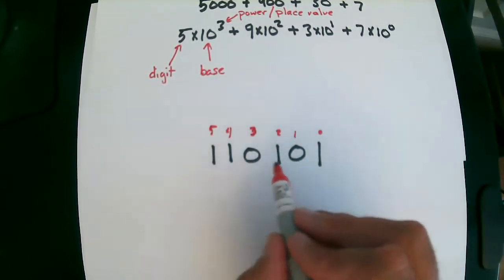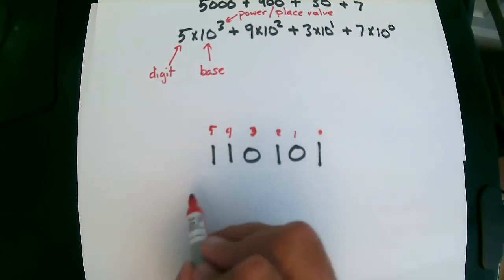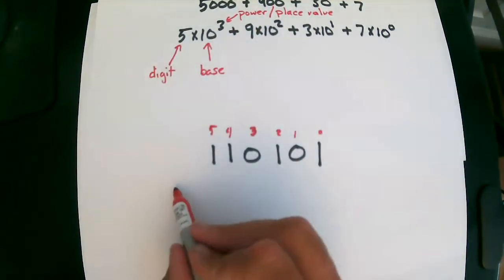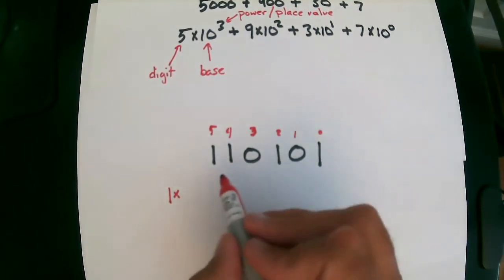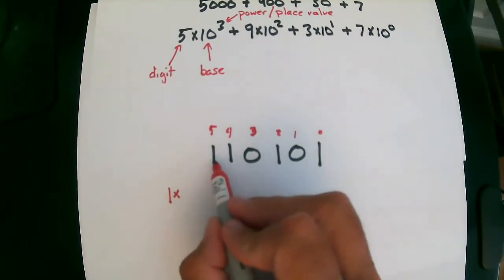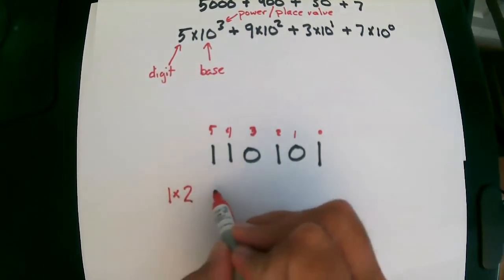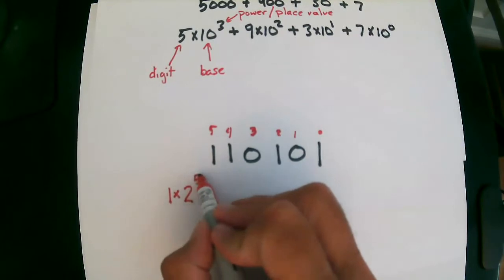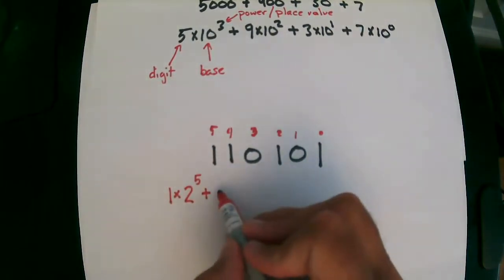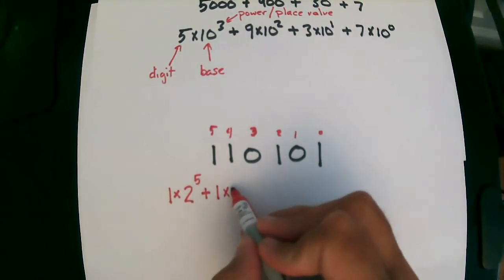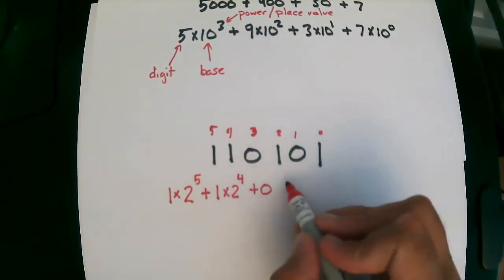So in this case right here, the digit I see is a 1, and I'm in the binary system, so I have two symbols to represent amounts of stuff. So I'm in base 2, and I'm in the 5th position. And then I continue. The digit I see here is a 1 times 2, because I'm in base 2, to the 4th.